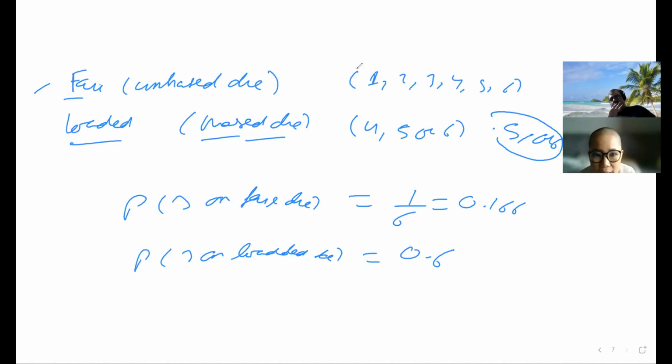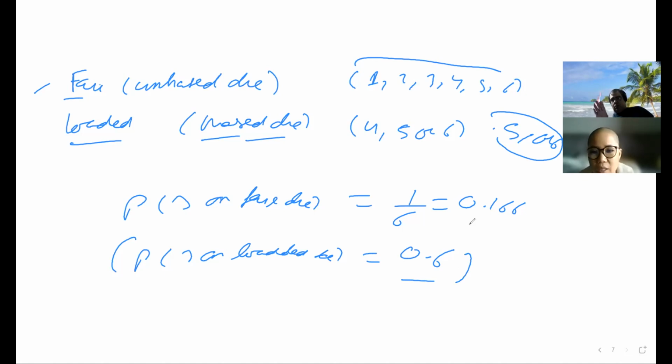For an unbiased die you can have any option, but a loaded die is meant for those events which you specifically want. So it is not given what you want, but the probability of getting a 3 on a loaded die is given as 0.6. It is just given to you.